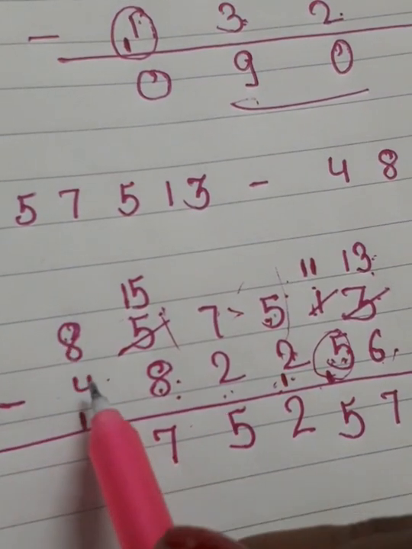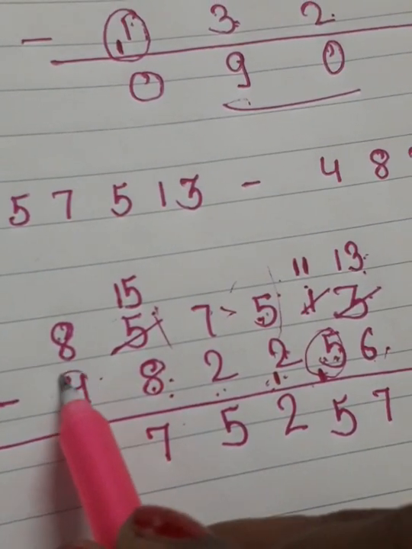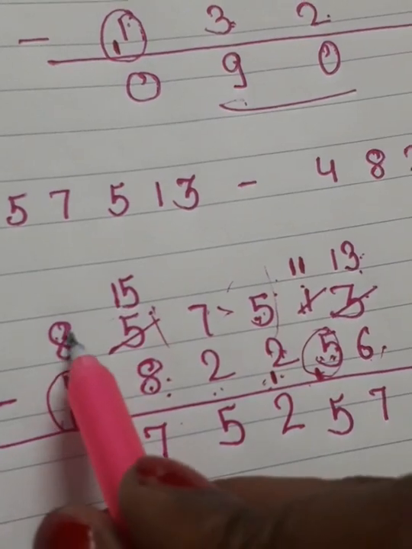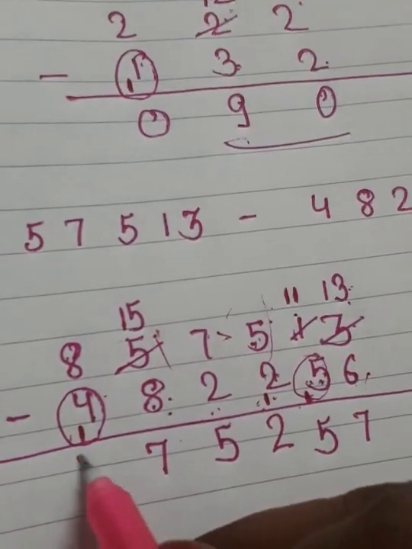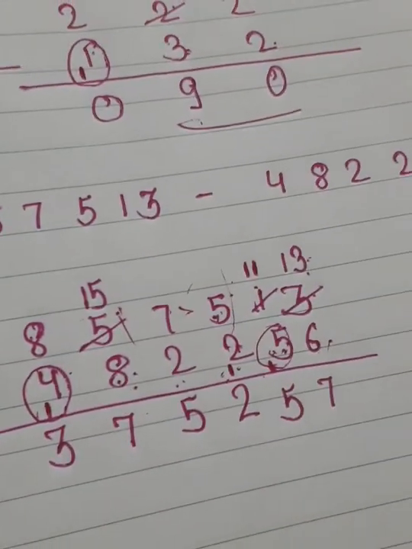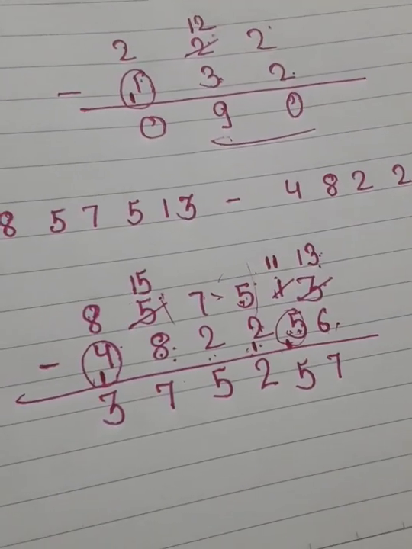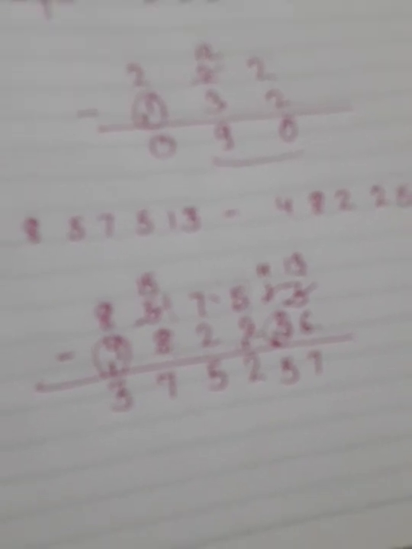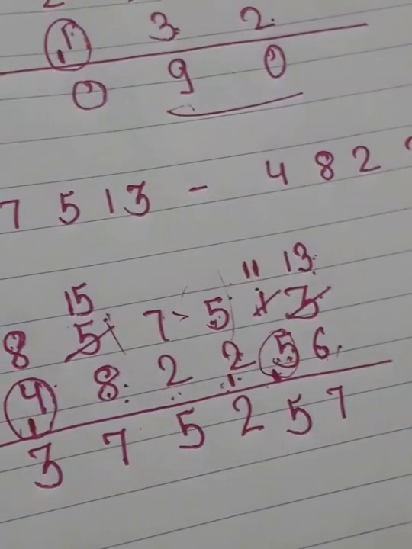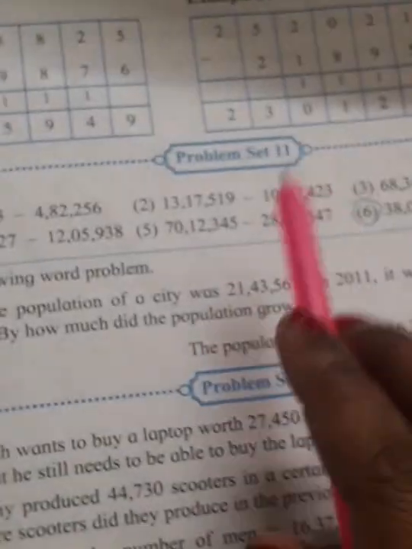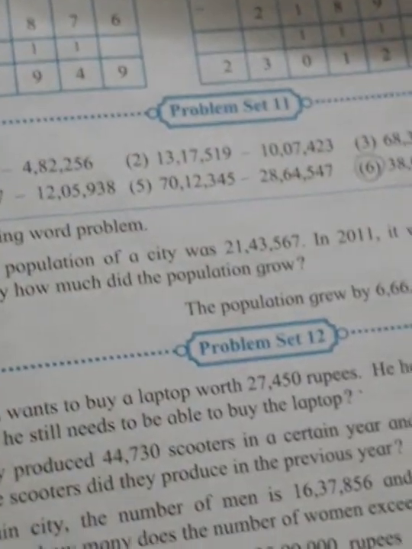So 8 minus 5 is 3. So the answer is 375,257. Clear? So like that only you have to solve this practice set 11.